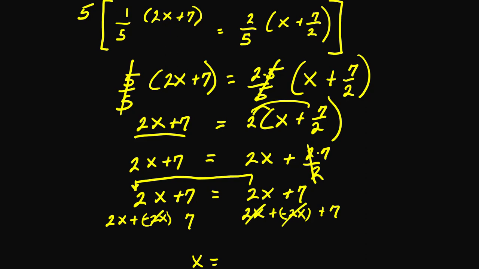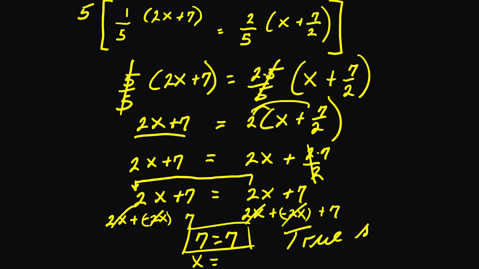That zeroes out, that's the additive inverse, and at the end of the day, I have 7 equals 7. That is a true statement. And what that means to you is that you have an infinite number of solutions to this.